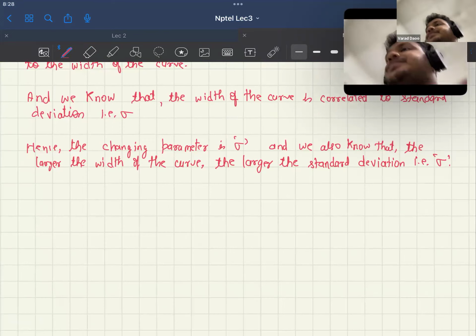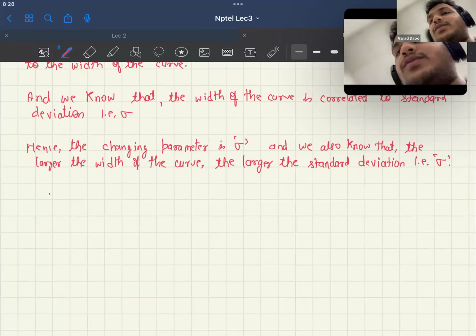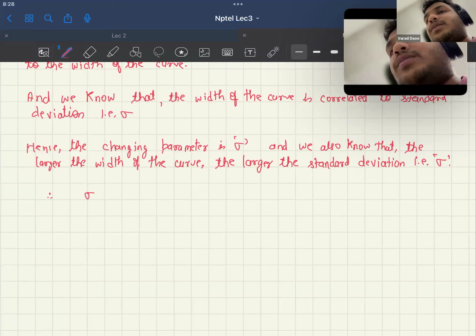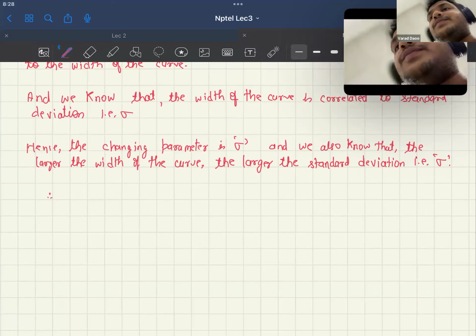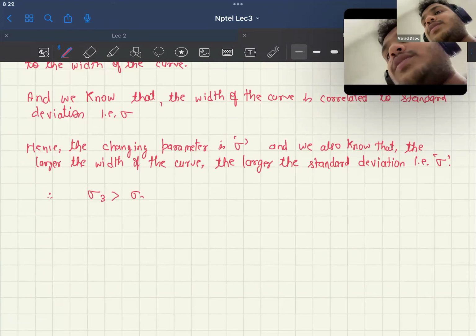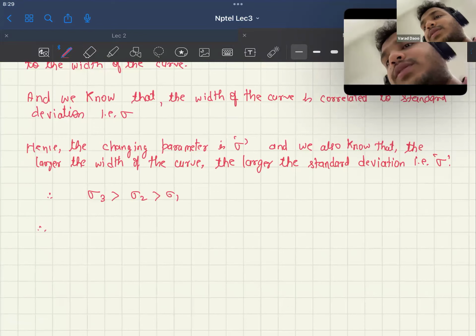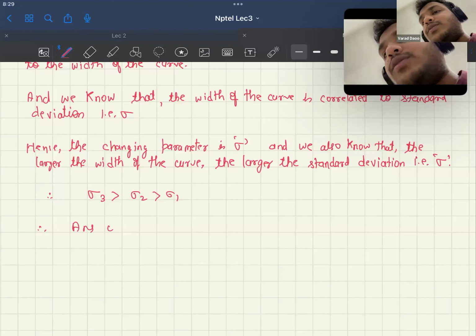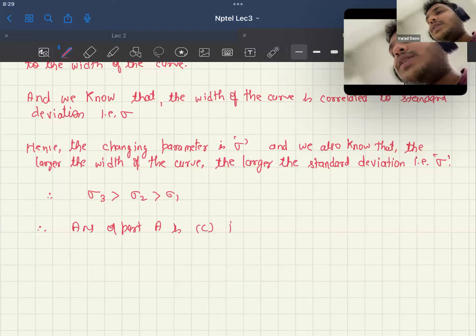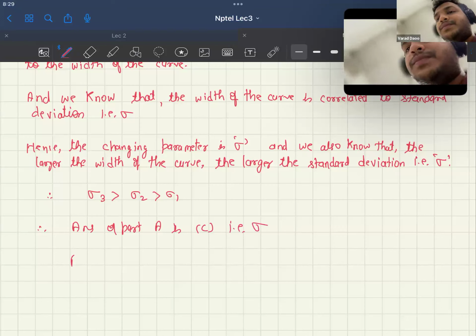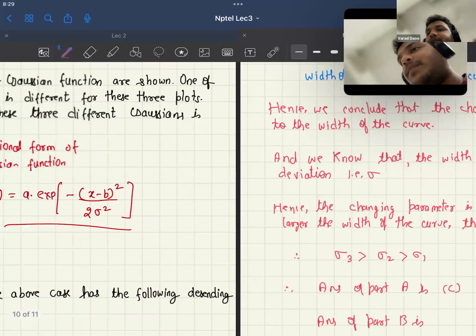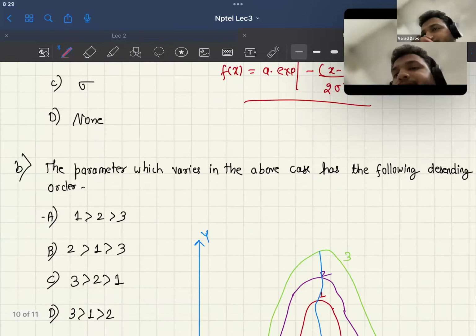That is sigma, and therefore sigma 3 is greater than sigma 2, which is greater than sigma 1. Therefore, the answer of part A is C, that is sigma. The answer of part B is C.